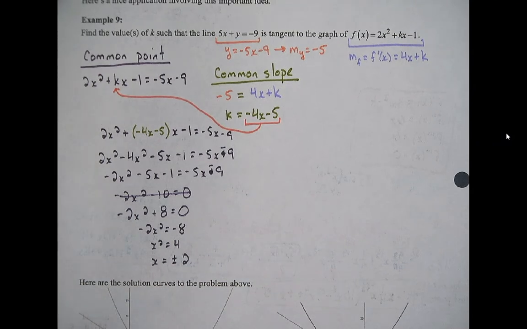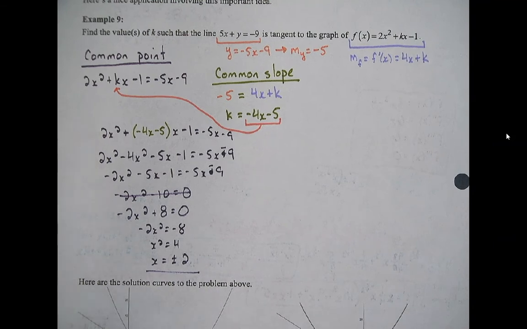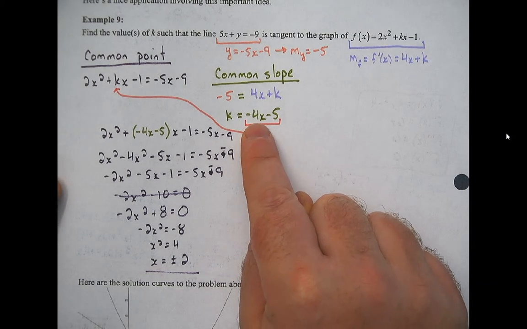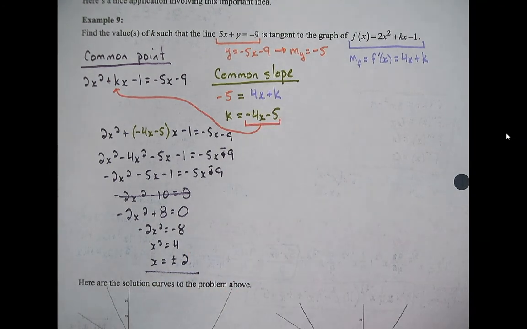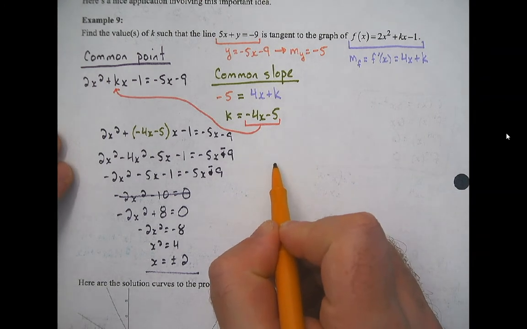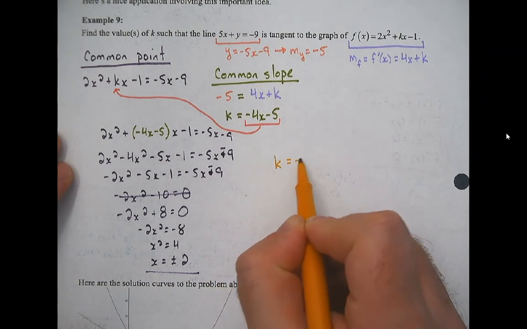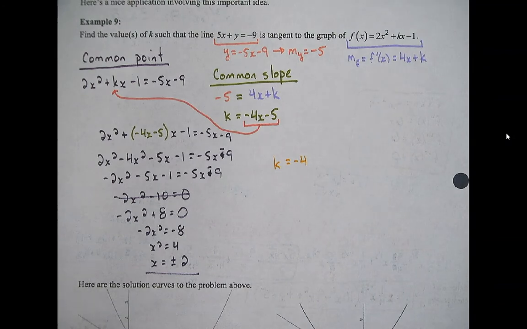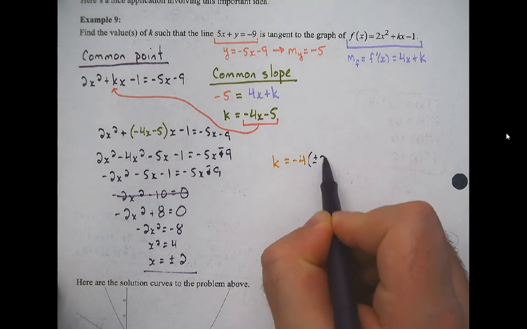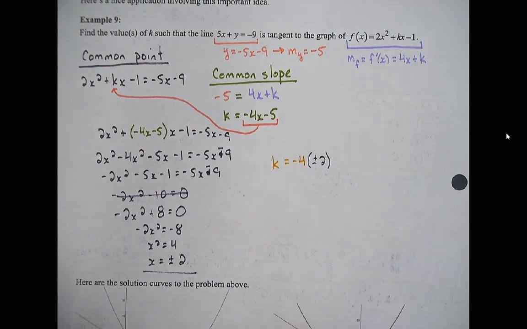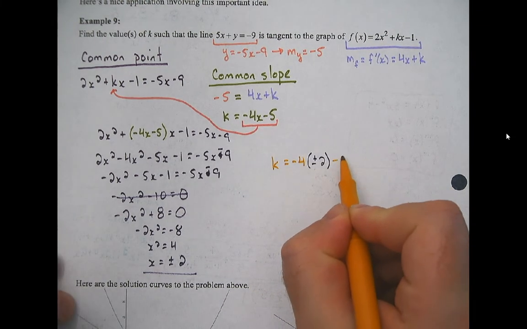Now, that's helpful. Notice I'm underlining it, but I'm not boxing it in because the question was, find the values of k. So we have this equation here that relates k to whatever x is. I have two different values for x, which means I'm going to get two different values for k. So k is going to be equal to -4 times plus or minus 2, minus 5.